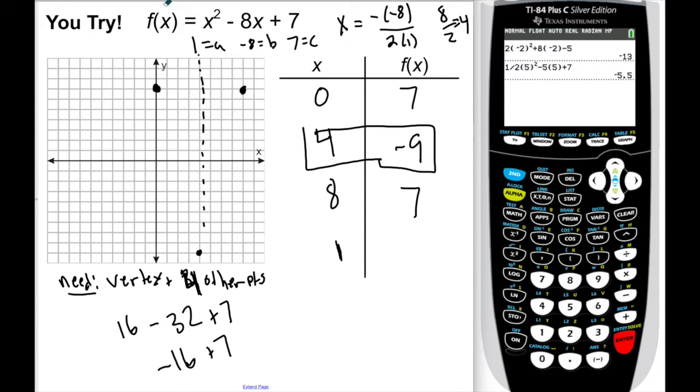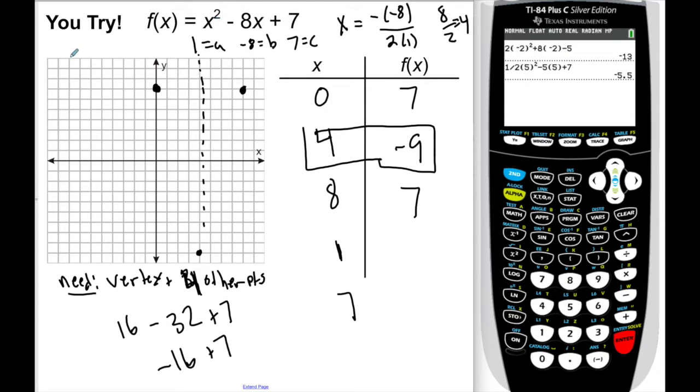Aha. Because 1 is 3 away from 4, 7 is also 3 away from 4. 7 is 3 above, and 1 is 3 below. And since 4 is the x of the vertex, and 1 and 7 are the same distance from 4, their y's must be the same. So if I can just figure out what 1 is, I know 7 has to be the same as 1.